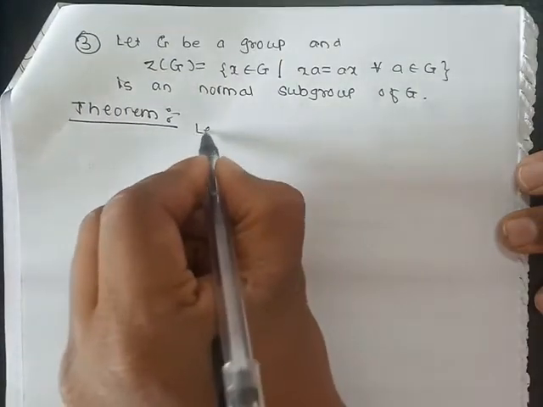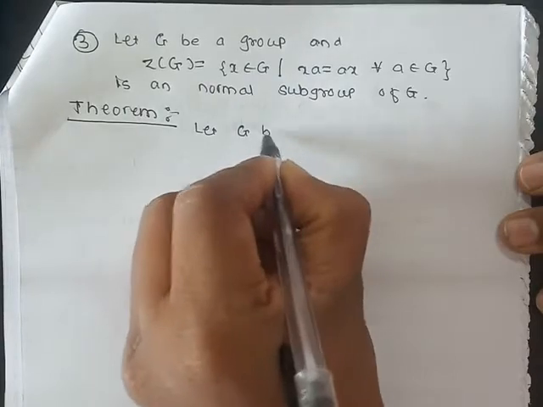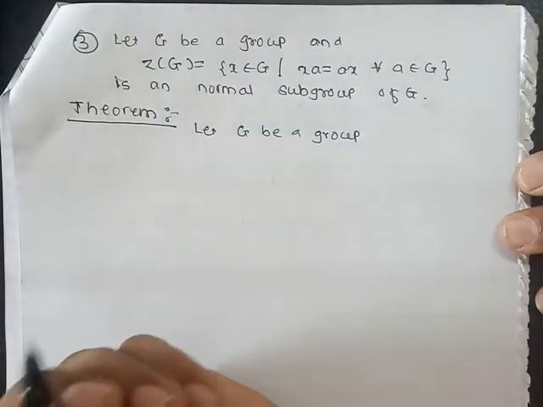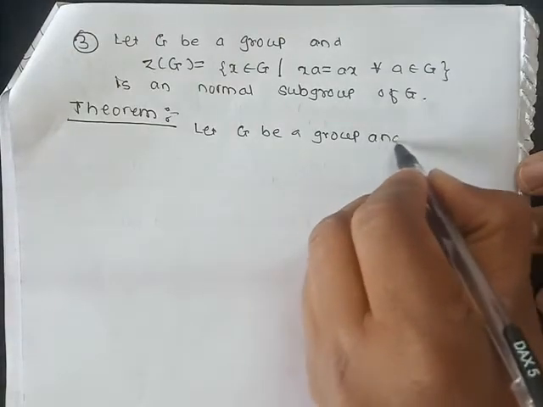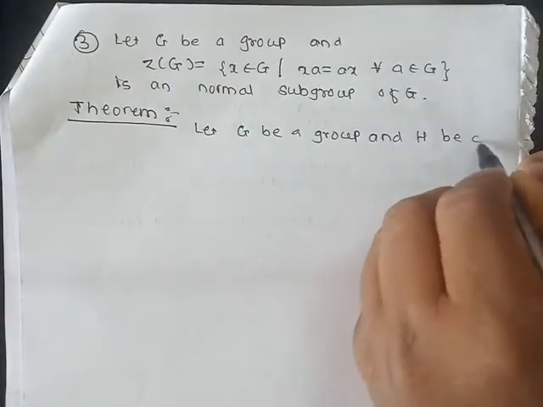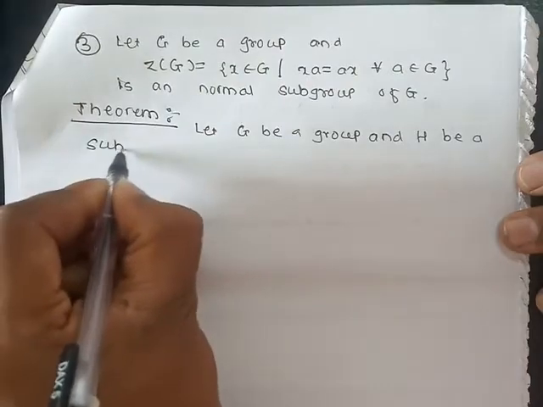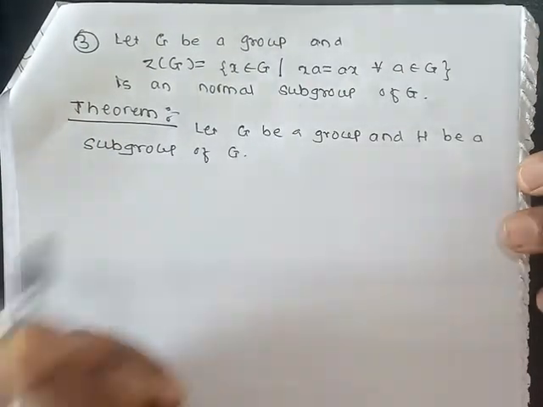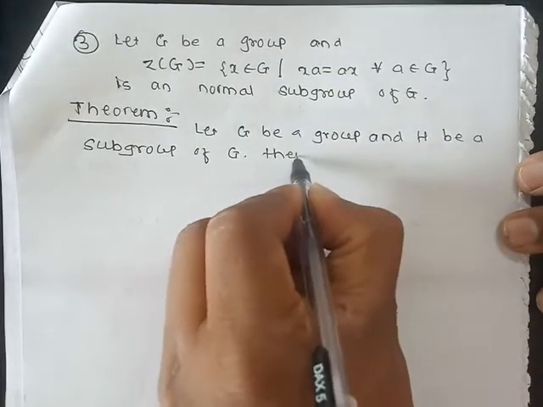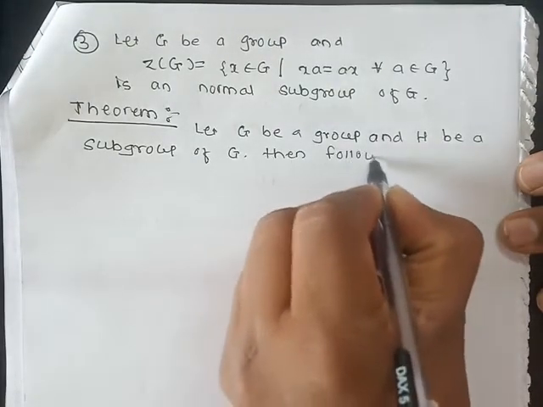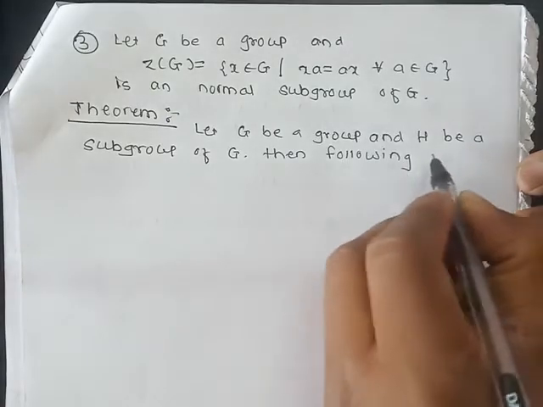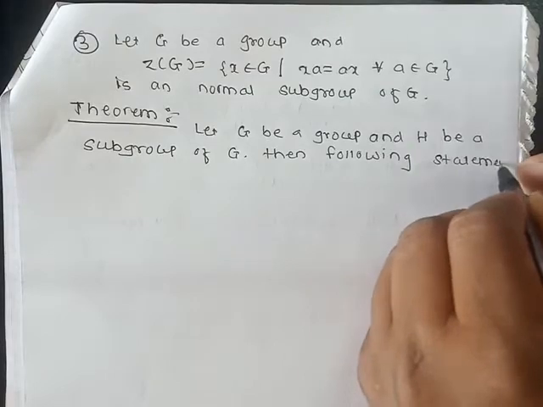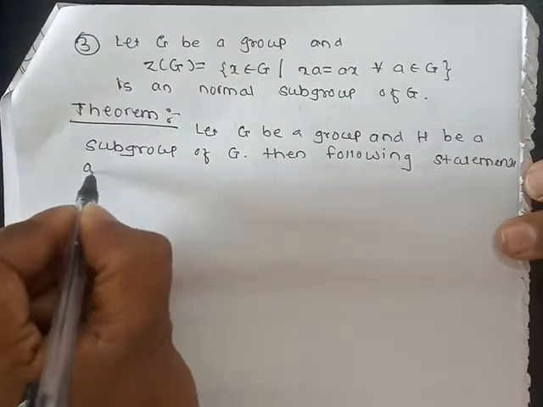Let capital G be a group and capital H be a subgroup of G. Then the following statements are equivalent.